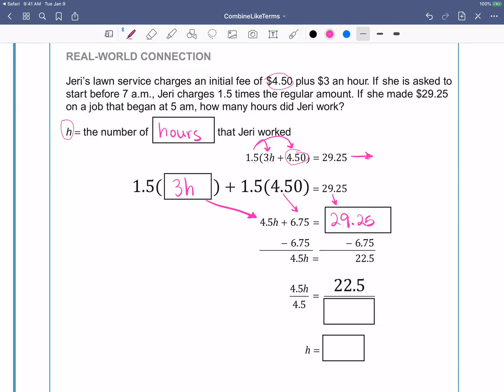Now I'm back to my same steps. Get rid of the number without the variable. Cancels out. I'm going to do the subtraction and now I have 22.5. Once again, that's multiplication, so I do my opposite and divide. 22.5 divided by 4.5, I plug it into my calculator, it's just going to equal 5.